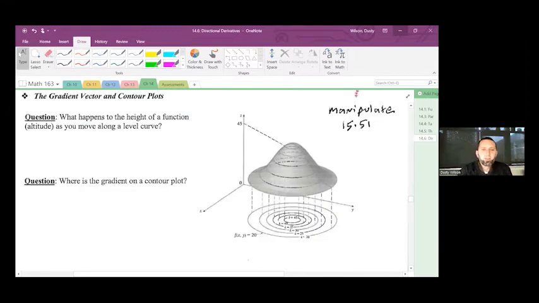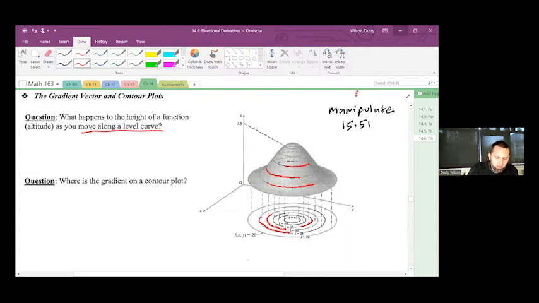The gradient vector and contour plots. So question, what happens to the height of a function, the altitude, as you move along a level curve? So moving along a level curve would be moving along one of these level curves in the plot. Remember, the level curves correspond to places where the height does not change, right?